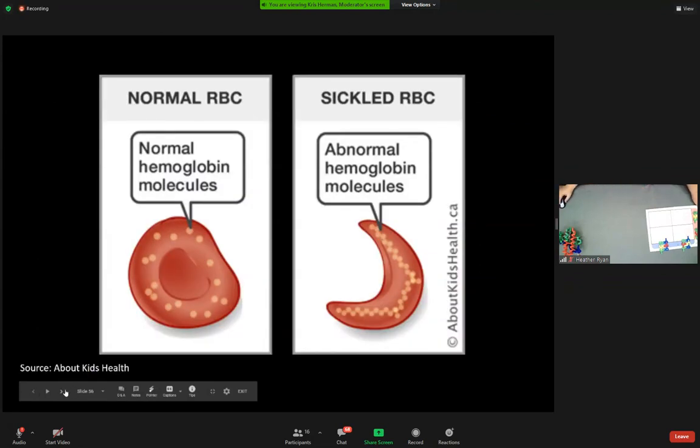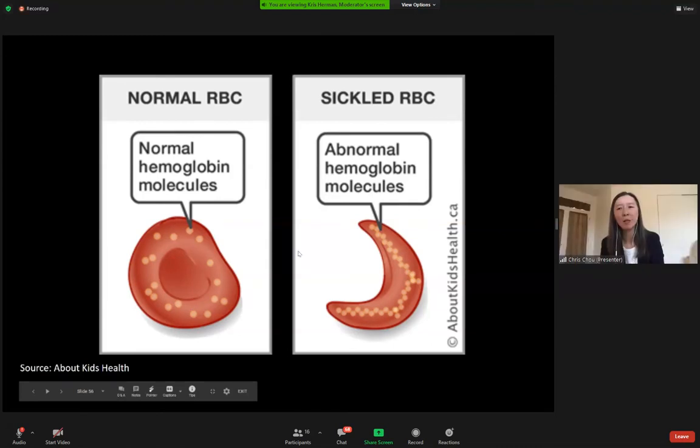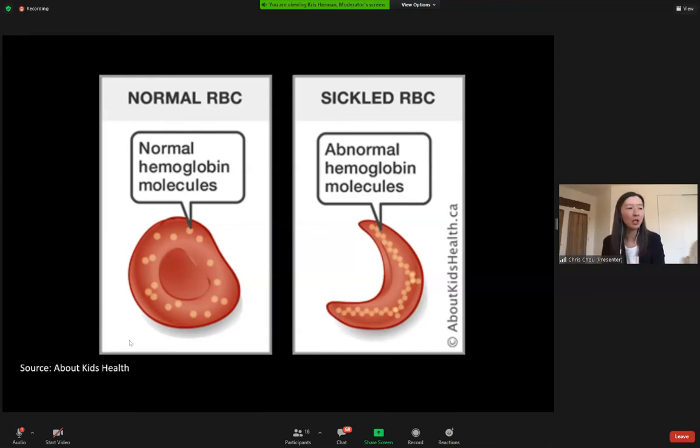And on the outside, in terms of function, what you can see is that the red blood cells are round shaped with normal hemoglobin molecules, and because of that clumping, it distorts the shape of those red blood cells and makes them sickle shaped.